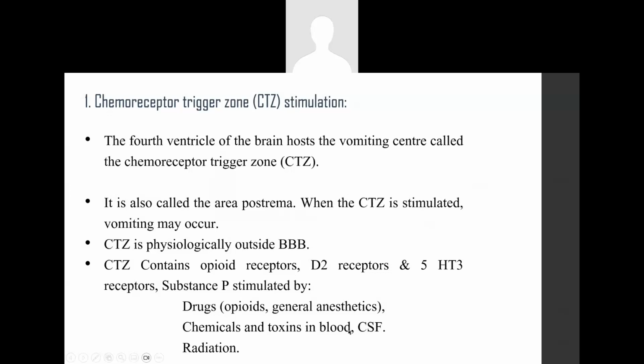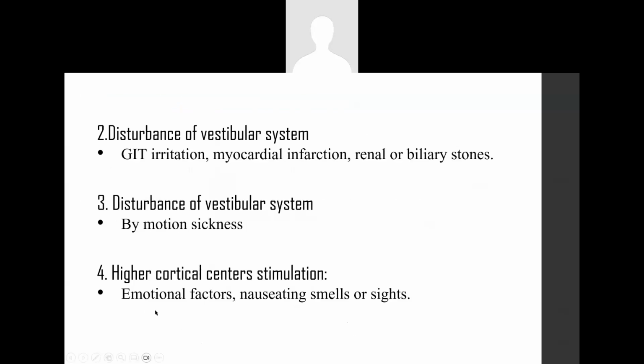Also, chemicals, toxins, and radiation may induce nausea and vomiting through substance P. Also, we have disturbances of the vestibular system, GI irritation, myocardial infarction, or renal or biliary stones, for the renal due to severe pain, and for the biliary stones and GIT irritation due to direct irritation by certain drugs or reflexes.